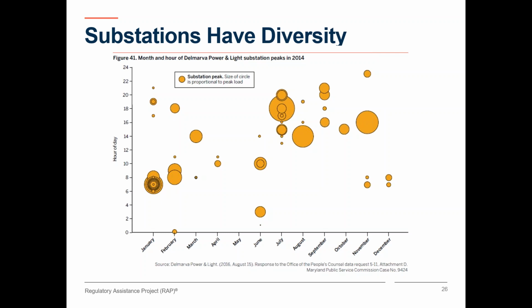This graphic shows when the substation loads are highest for one utility. Each dot is one substation. The horizontal axis is month, the vertical axis is the hour of the peak, and the size of the circle is the size of the substation.